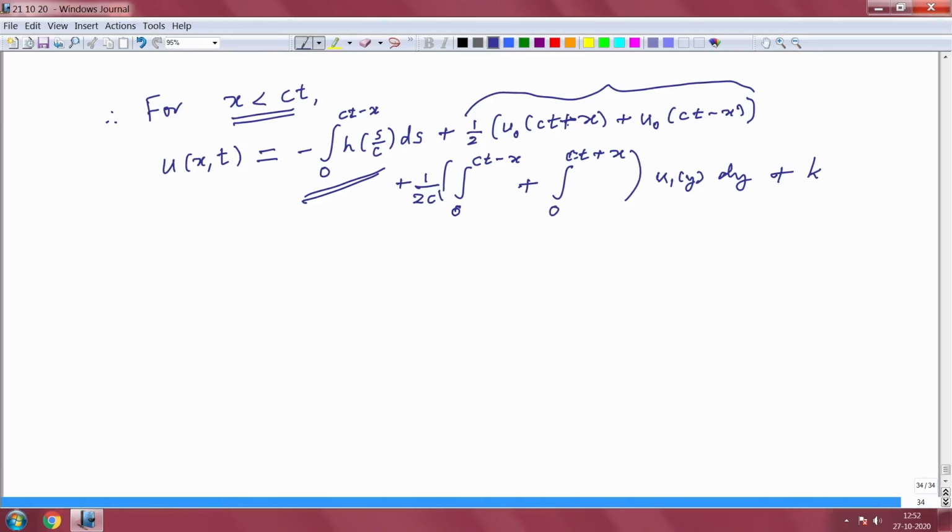So, you can find out in this case what are the compatibility conditions. I am not going to do that. Because now you again have the expression for the solution, one in the region x bigger than c t and another one for x less than c t, and now you again take the limits of the solution, its derivatives, okay, and try to find out what are the compatibility conditions.